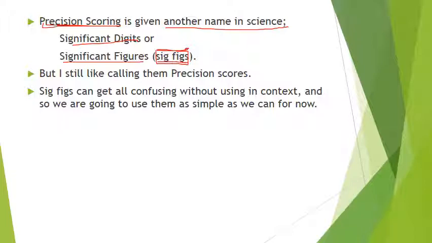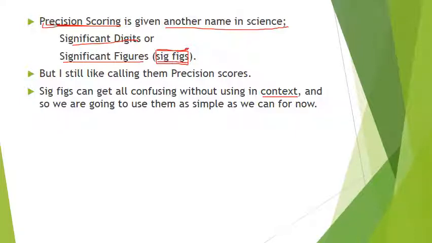In further analysis, if you take 121, we'll talk more about this in terms of sig figs or precision scores, because they get complicated. You just can't look at a number and say what the precision score is, because you have to be aware of the context involved, which is the scale.